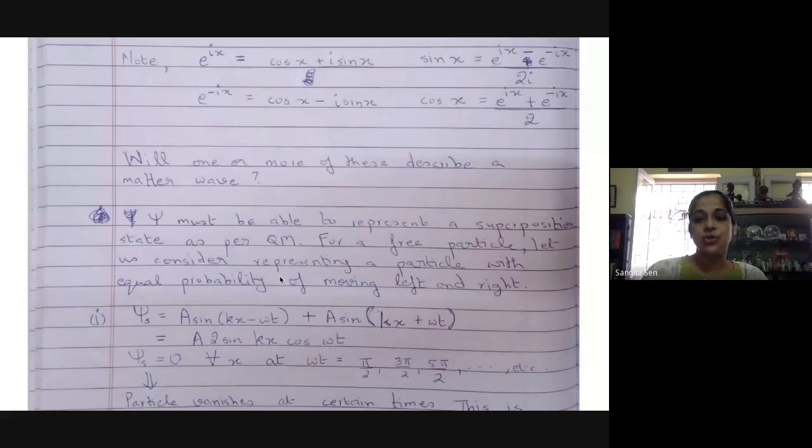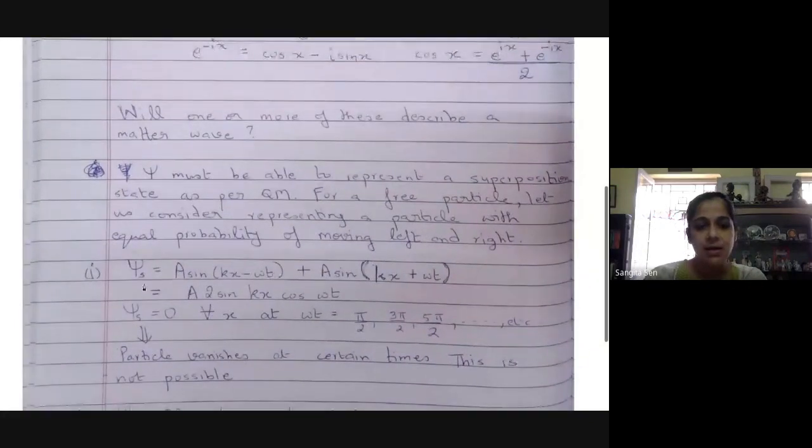So if there is such a particle, then a superposition state wave function should be of the form, say if we are using the sine form, then it is sine kx minus omega t, which is in the positive direction, and kx plus omega t, which is the wave moving in the left direction. Okay, and by trigonometry we get that it is 2 sine kx cos omega t.